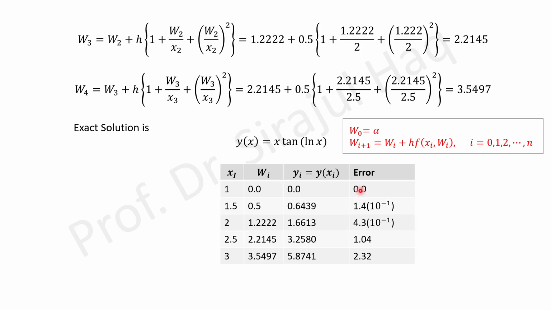You can see that when we are moving away from the initial point, the error is increasing. And if you look at this problem, the step size is large, 0.5. So the errors are not that small, they are large.